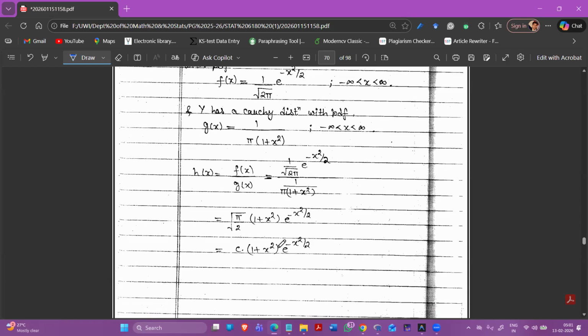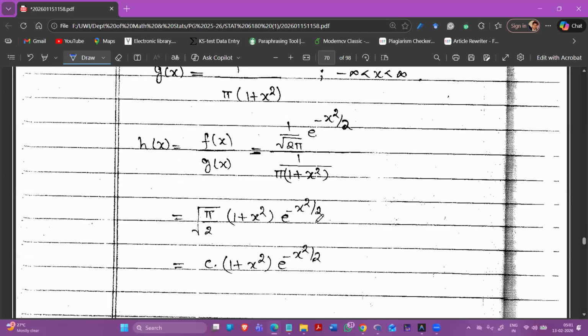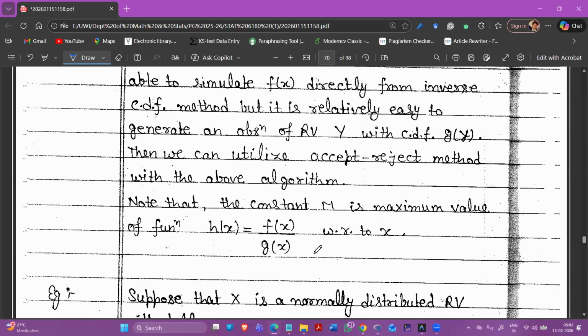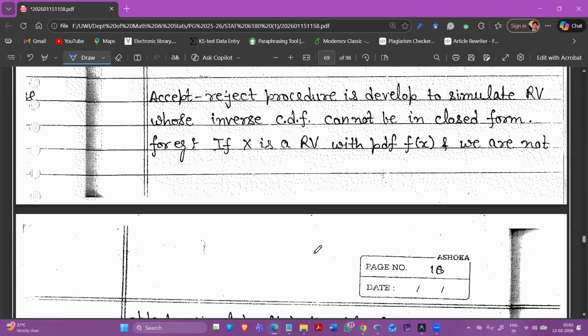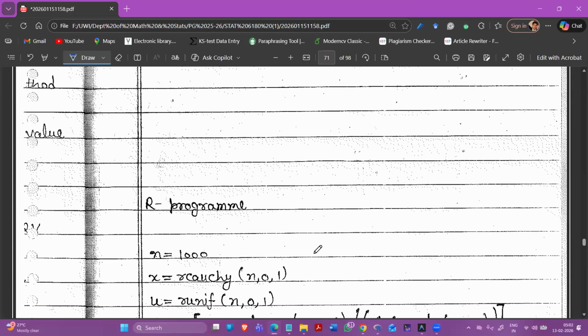But 1 plus x square into e raised to the power minus x square by 2 should be your M when you choose the Cauchy distribution and the normal distribution as target. That should be your value of M, because it will change when your x changes. So that is the problem, the limitation of the accept reject method.